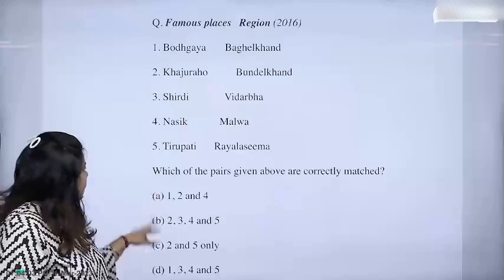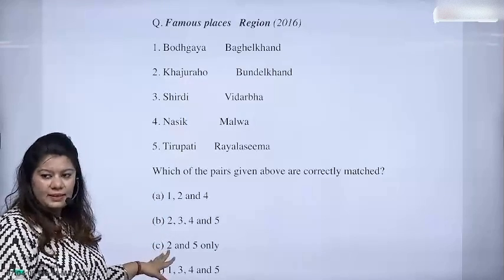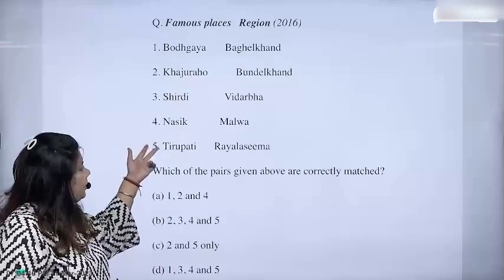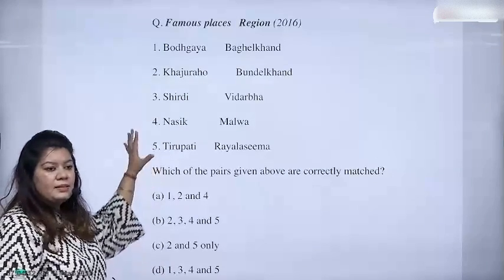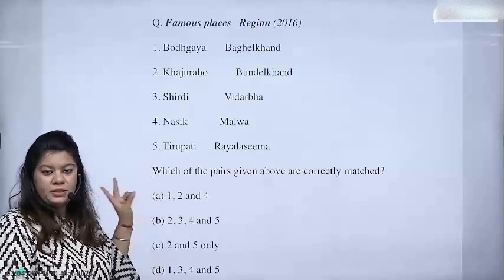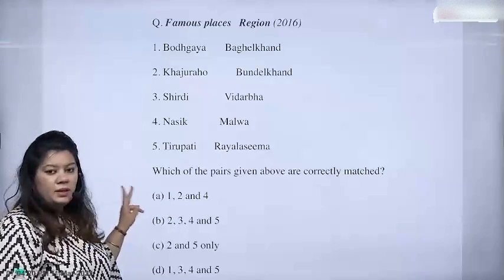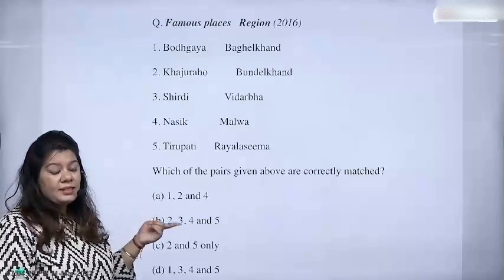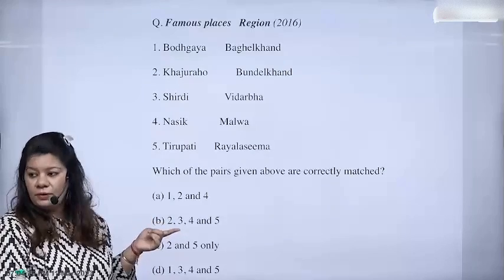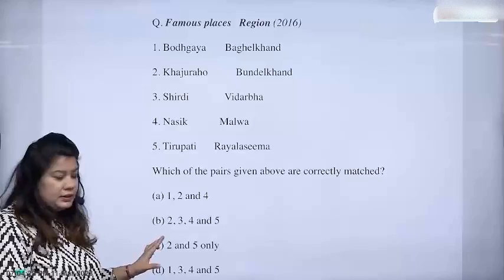So if you eliminate 4, you could answer the question by marking C. But the purpose of showing you this question is that these places are important if they have been asked by UPSC, whether it is Bodh Gaya, Nasik, Shirdi or Tirupati, right? And Nasik, because it has Trimbakeshwar, is also one of the Jyotirlingas. That's why Jyotirlingas can also be asked. Okay?